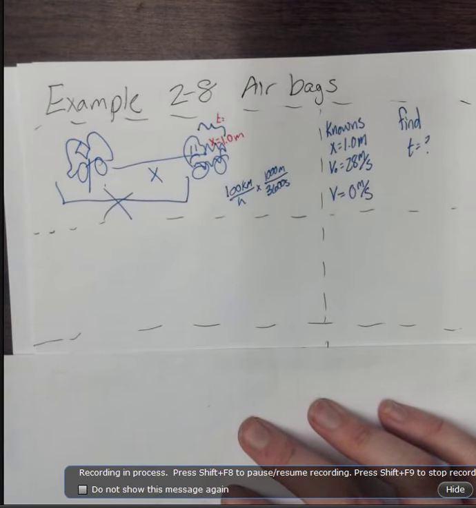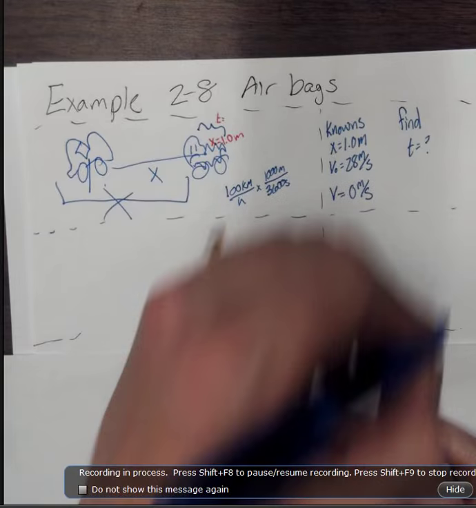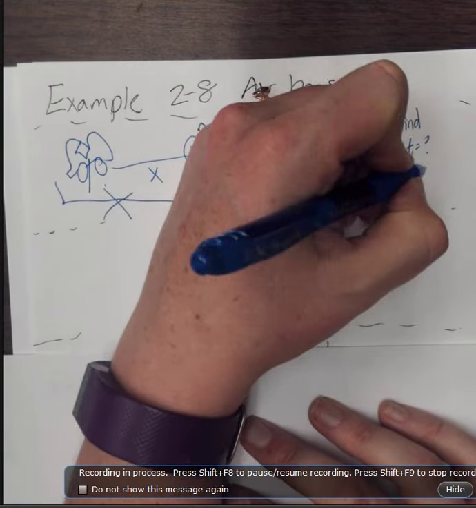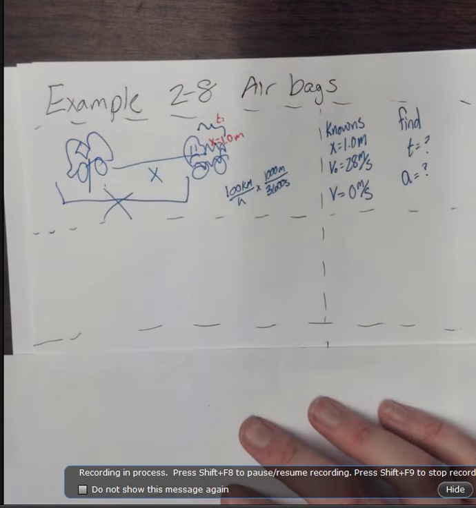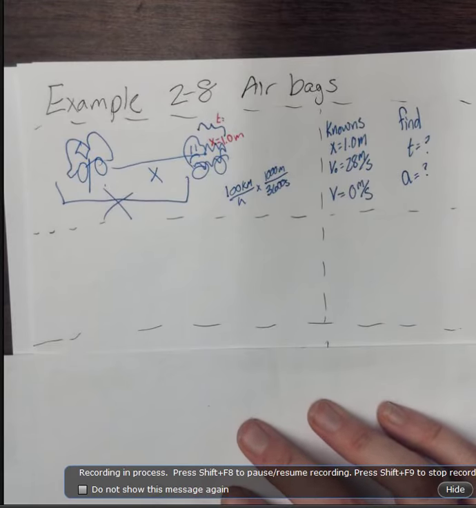We don't know what acceleration is. It seems like it might be a little bit convenient for us to find acceleration in this situation. So let's go ahead and do that. Let's find the acceleration. I'm going to use the relationship between position, initial, and final velocity in order to find acceleration.